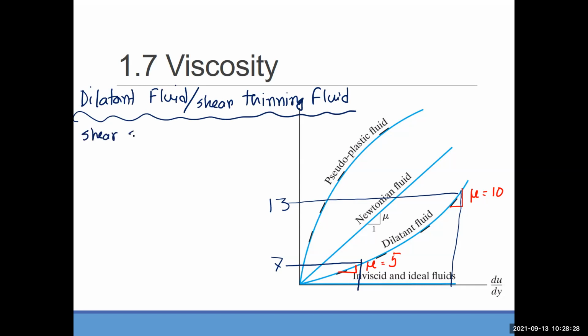What do you think from this number? Shear stress is increasing, so the slope is increasing. That means viscosity is increasing. And when the viscosity is increasing, it will act like solid. Yes.